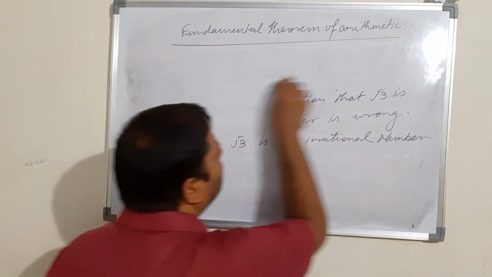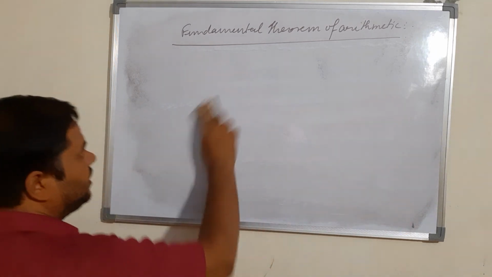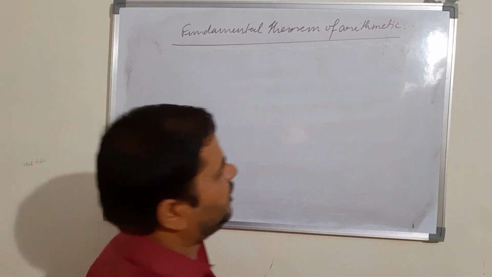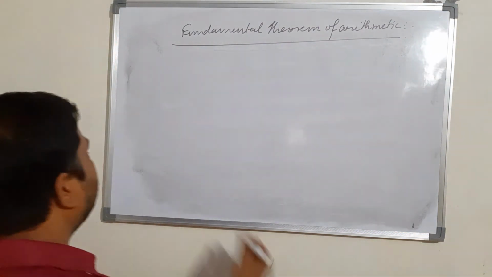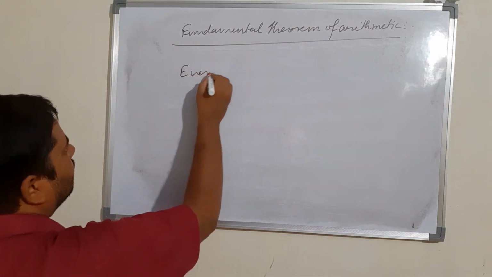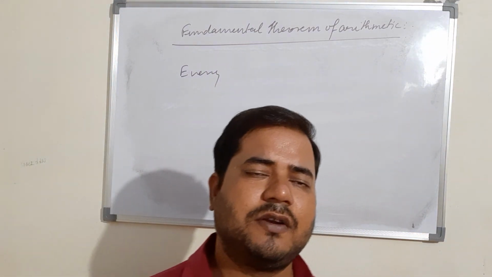So what is the fundamental theorem of arithmetic? Please see. Every composite number can be written in the form of a prime factorization.